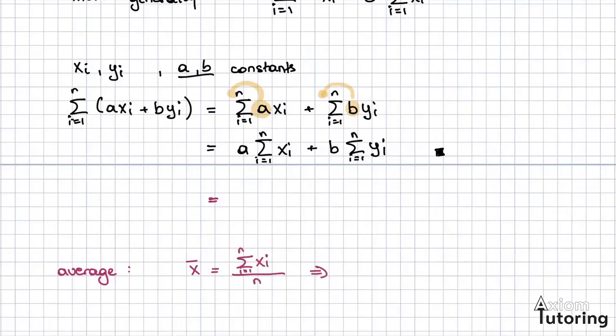So from here, you could have expressed the sum of xi simply as n times x bar. And in those previous videos, as I said, you will have seen this as a times n times x bar plus b times n times y bar.